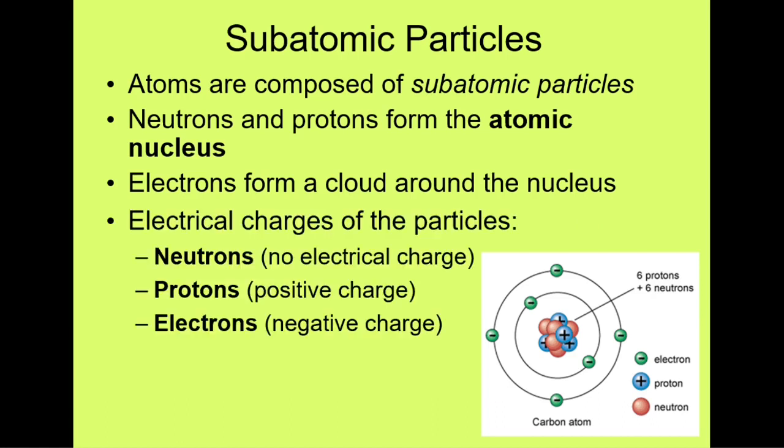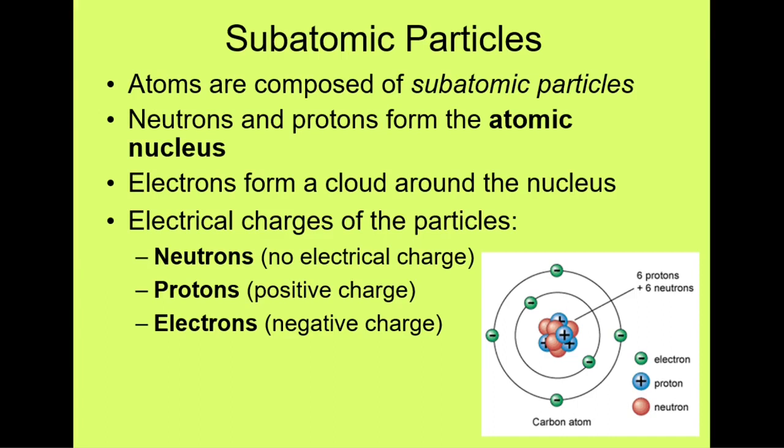The next thing that we need to talk about is electrical charge. These different particles have different electrical charges, and that will become important later on, particularly with the electrons, because it will determine how these atoms interact with each other. As we can see on the slide, neutrons in the nucleus do not have an electrical charge.